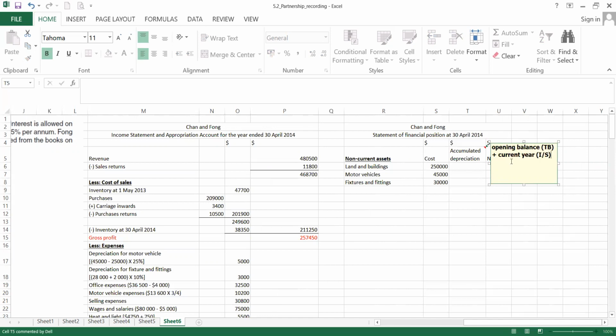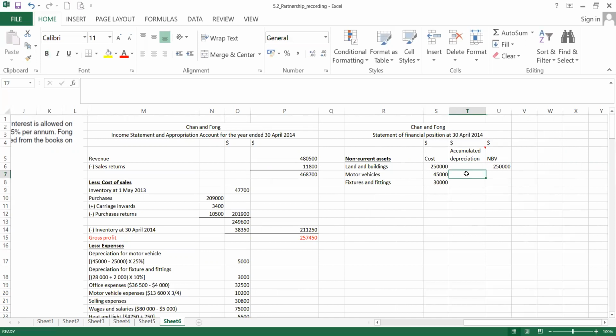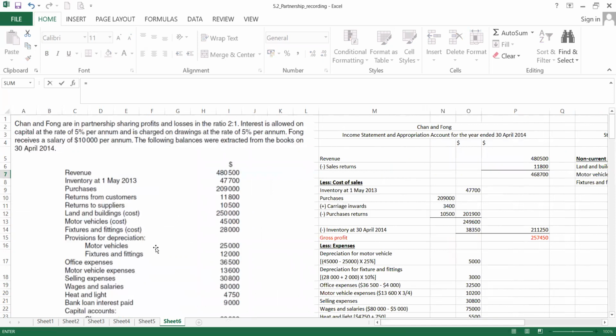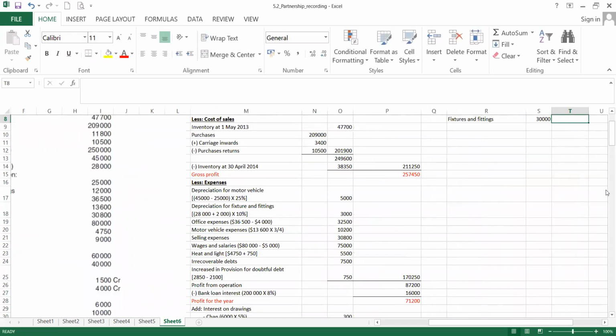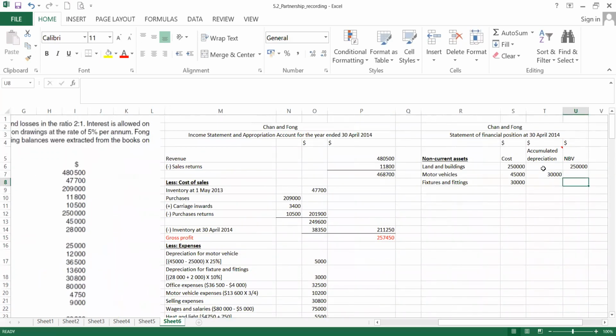Opening motor vehicle is 25,000 and current year depreciation is 5,000, so together we get 30,000.